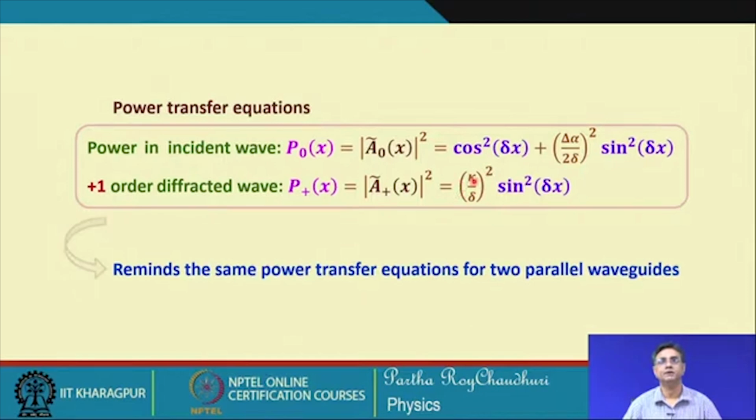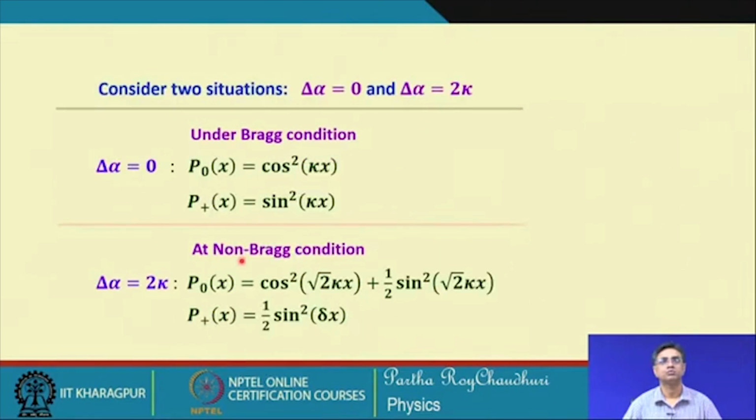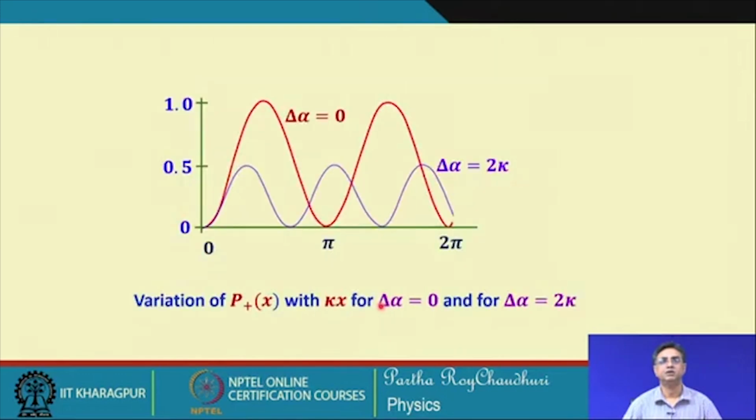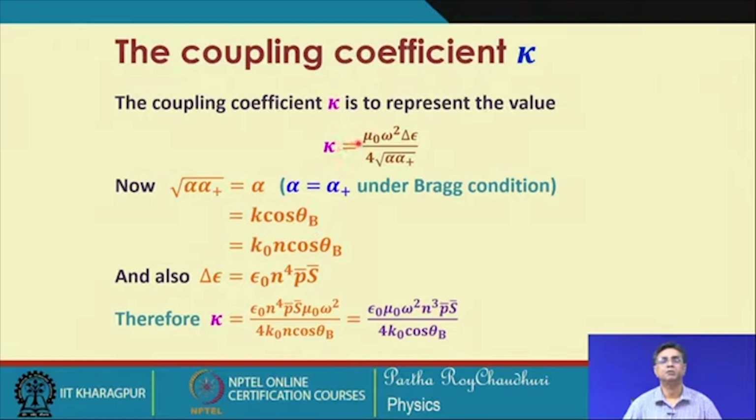The value of kappa will be given in terms of mu naught omega square delta epsilon by 4 alpha alpha plus. Under Bragg condition, alpha is equal to alpha plus, and then we can write this as alpha.